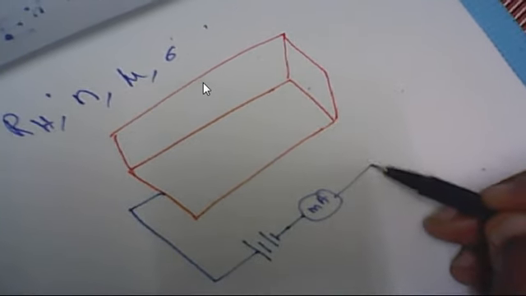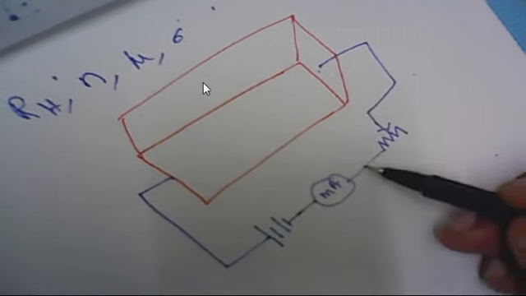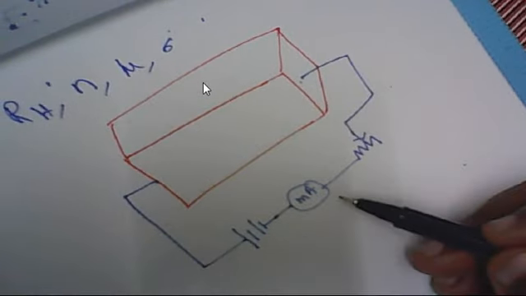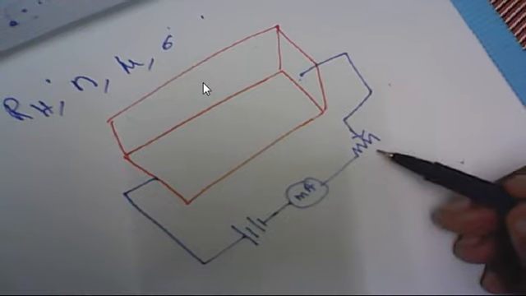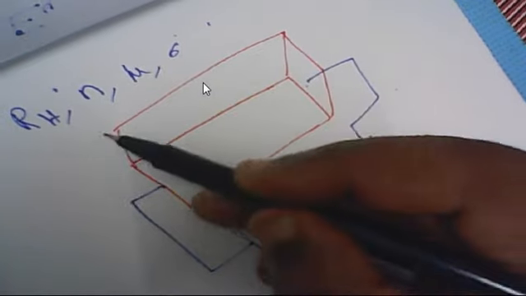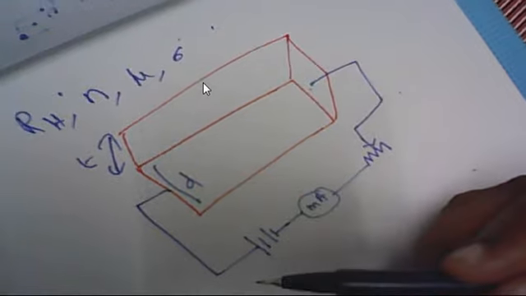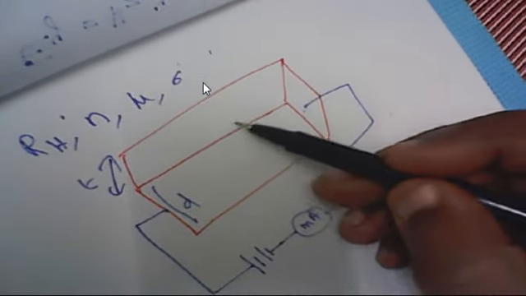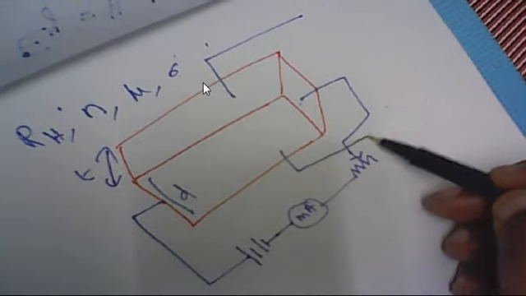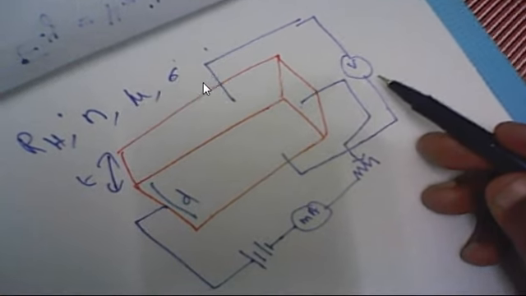Measure the current, and vary the current flow in the external field. We can do this using this setup, that is a battery, an ammeter measuring the current, and a rheostat adjusting the current flowing through the sample. Let us consider this is the thickness of the sample and this is the breadth of the sample. So we measure the Hall voltage using a VTVM.